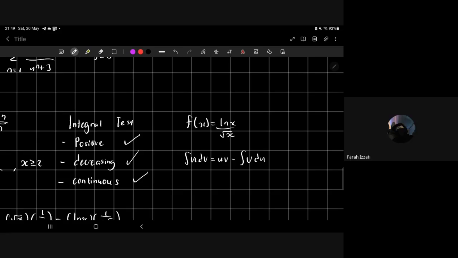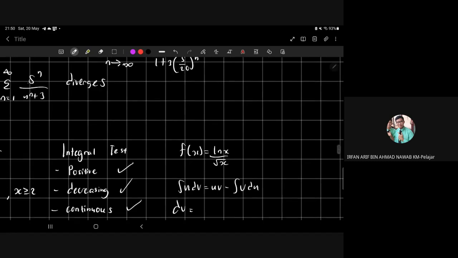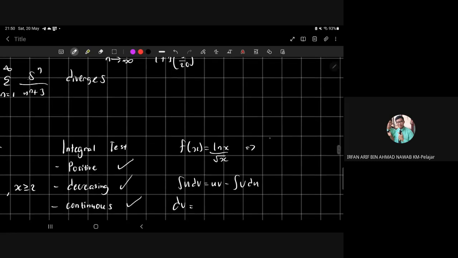Now the question is, which one is suitable to be our variable dv and which one is suitable to be our variable u? As Dr. says, you have to try and error, but in this case, before this, I have to write the integral.